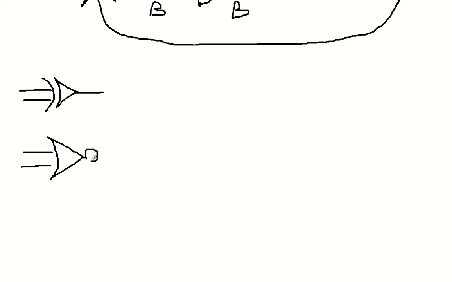This is our NOR gate using NAND. It is also possible. And the last one would be XNOR. Okay, let me draw it here. So these were the gates that we have seen from the video of logic gates.